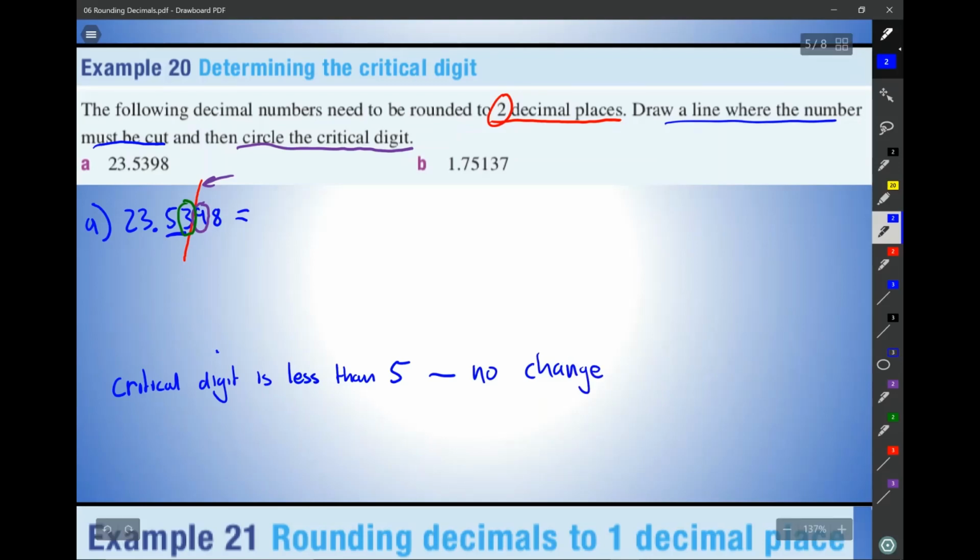But if the critical digit is more than 5, or equal to 5, then the number on the left of our line goes up by 1.